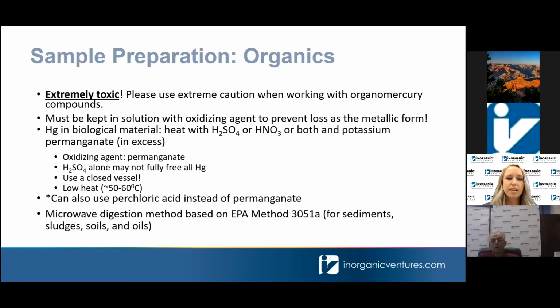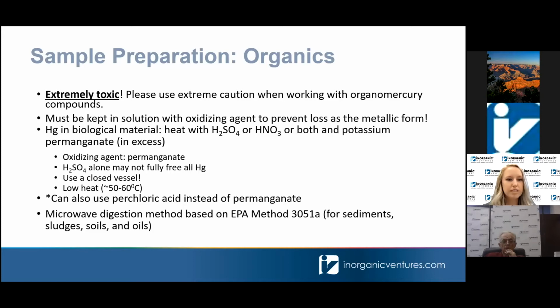The permanganate is going to act as the oxidizing agent to keep your mercury in solution. The reason we recommend adding nitric is because sulfuric alone may not fully free all of your mercury. So you want to add a little bit of nitric if you can to make sure that you've gotten all the mercury from your sample.